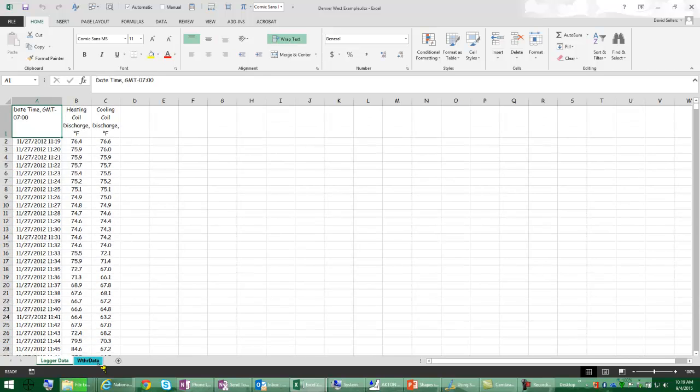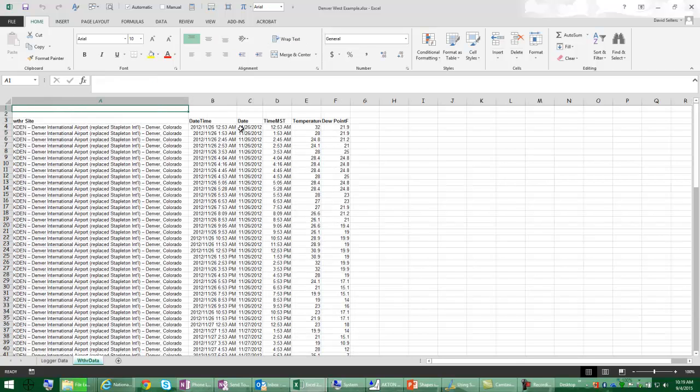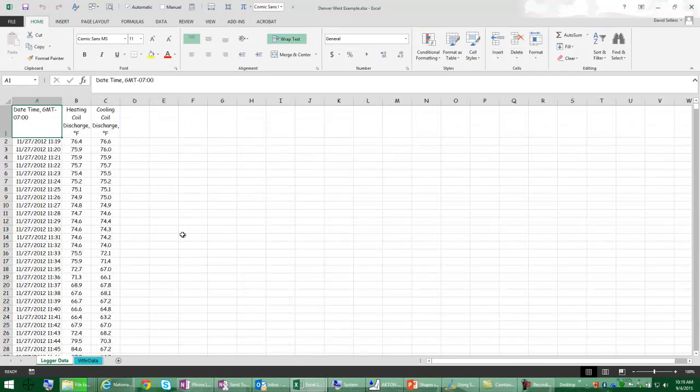And now here I have a table which, for every hour of the day, I have documented the temperature and the dew point for the Denver International Airport. So all I have to do is get those two screens beside each other and then look up this time in that table and then make a column here.